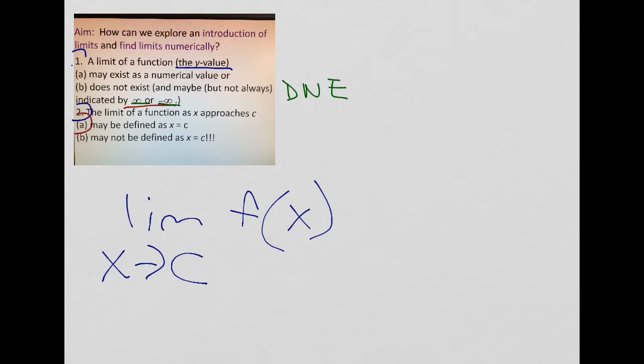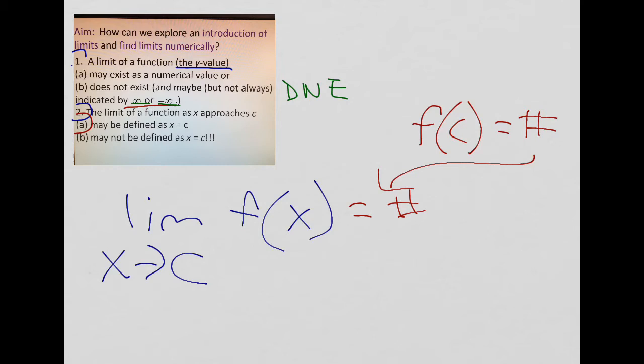A may be defined as x equals c. That means f of c has a numeric answer, and that could be the limit. It could be that f of c has an answer, but it's not the limit.